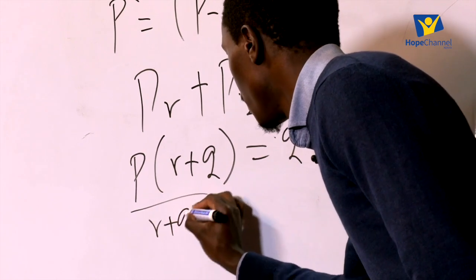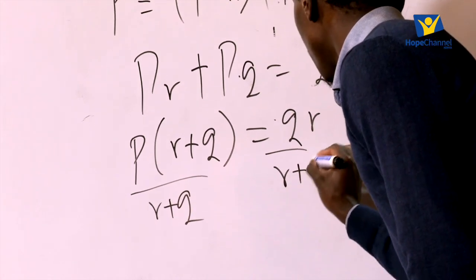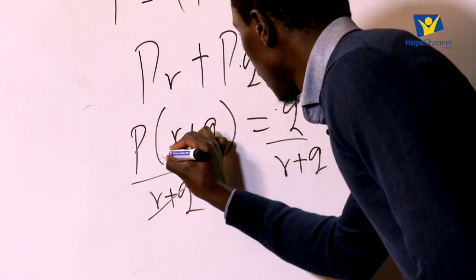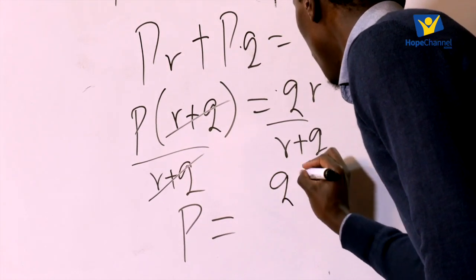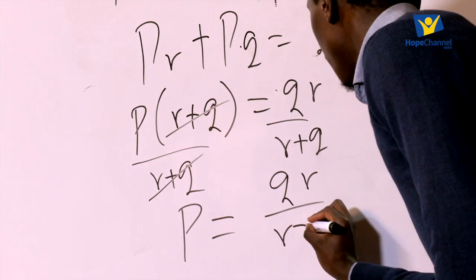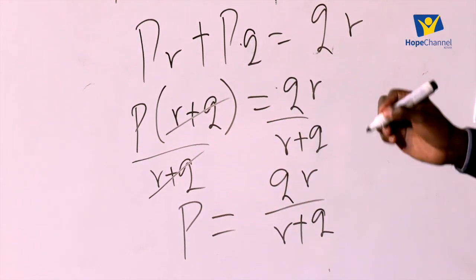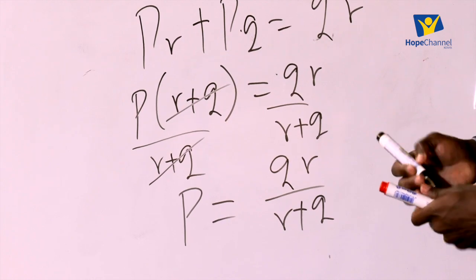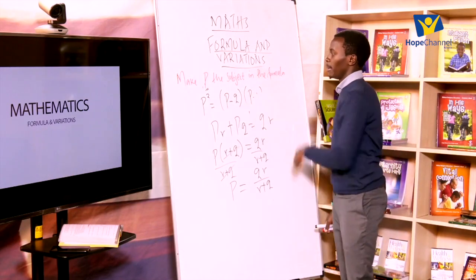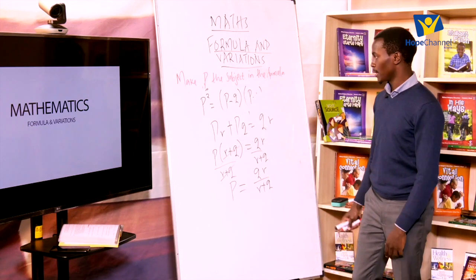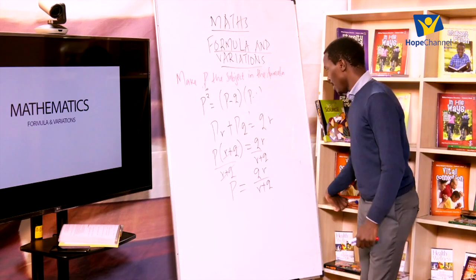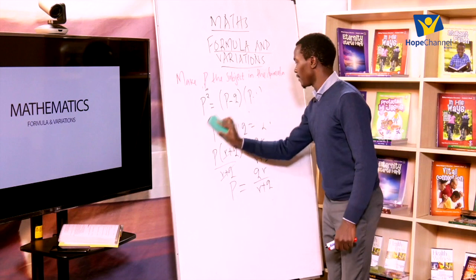So by cancelling, we'll have it as p is equal to qr over r plus q. And that gives us the answer, or rather p made the subject of the formula as the question was asking. Now, maybe you can try one by yourself.